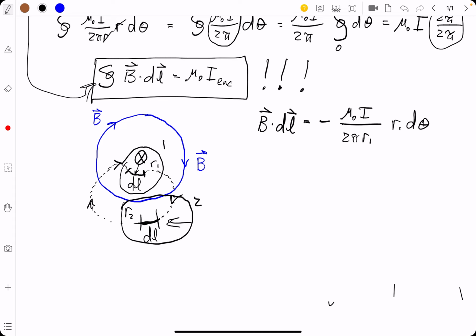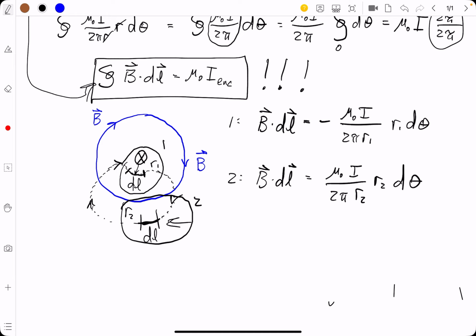Okay? So that is what we would integrate. And now that's number 1. Now I'm going to do number 2. And that is B dot DL equals mu naught I over 2 pi R2 integral.